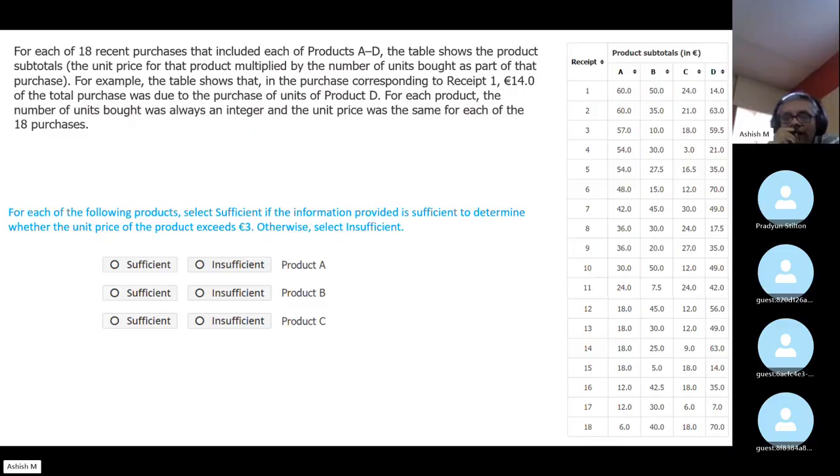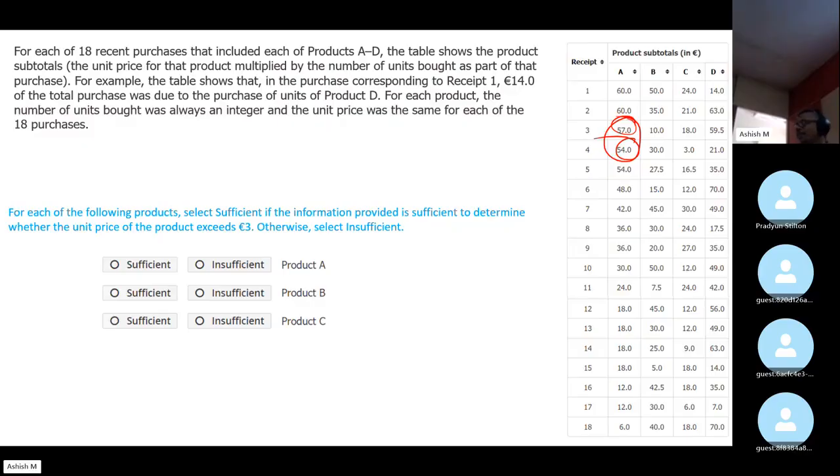So guys, the thing is, let's just look at these two, 54 and 57. This itself should give you a clue. See, unit price of product A means price per unit of product A, right? If it exceeded 3 euros, can we have 54 and 57 as the entries? Did you get my question?